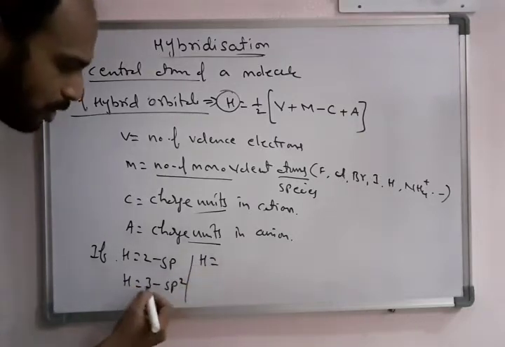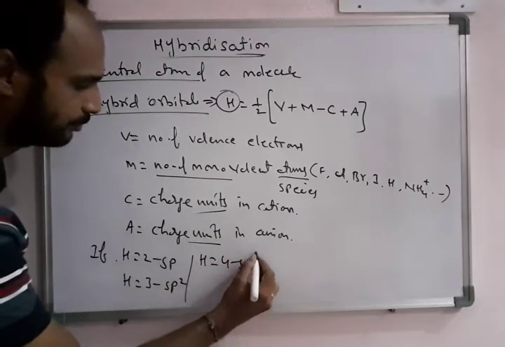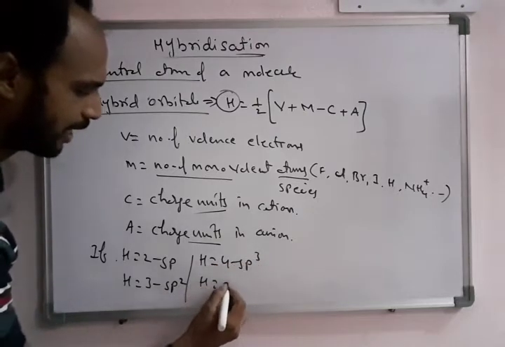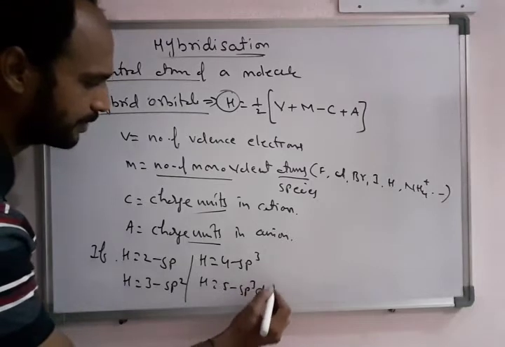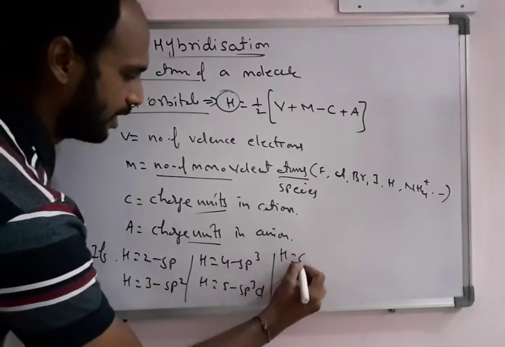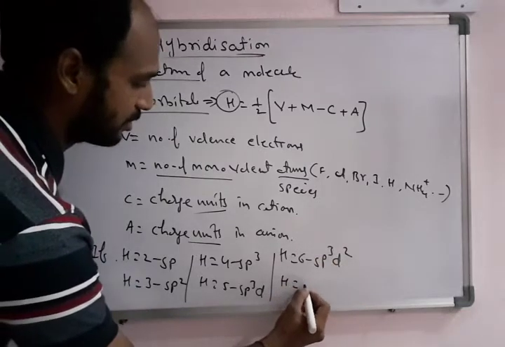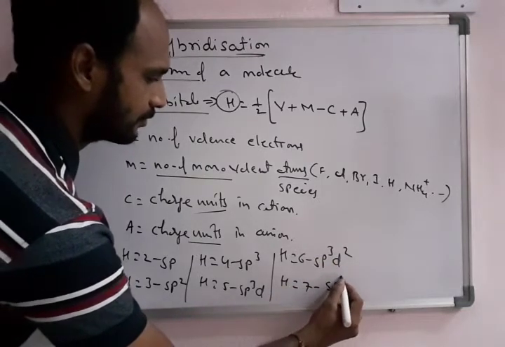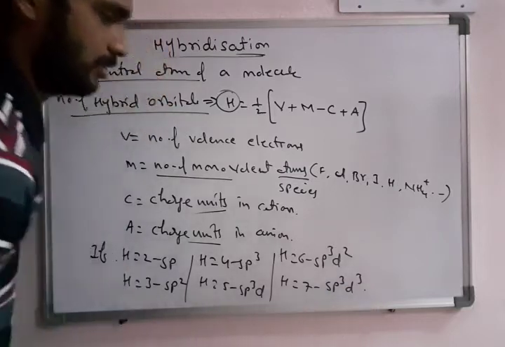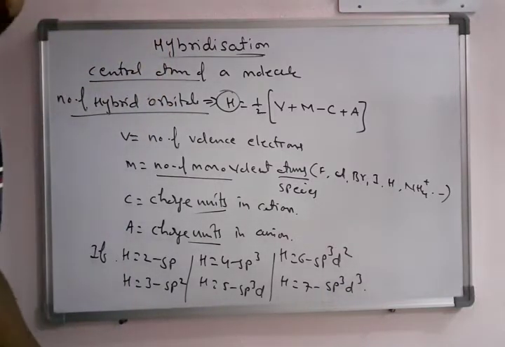If it is 4, sp3. If it is 5, sp3d. If it is 6, that is sp3d2. And if it is 7, it is sp3d3. Okay, now we see some examples of it.